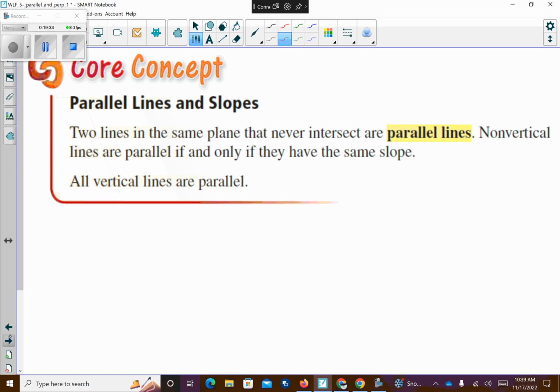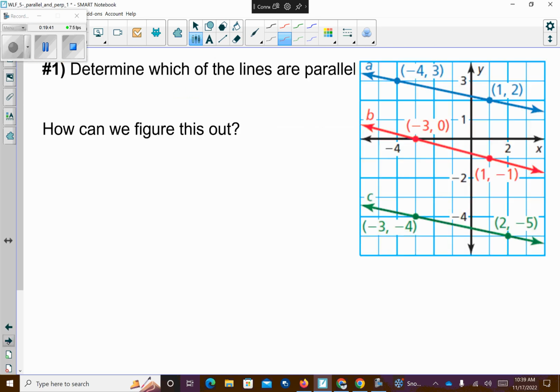Non-vertical lines are parallel if and only if they have the same slope. All vertical lines are parallel. I think I said parallel lines have same slope. Okay?